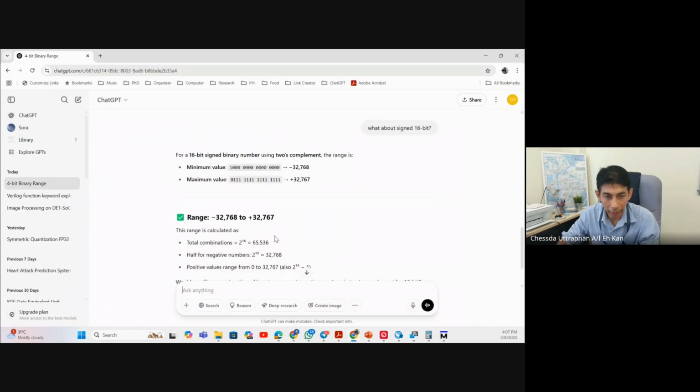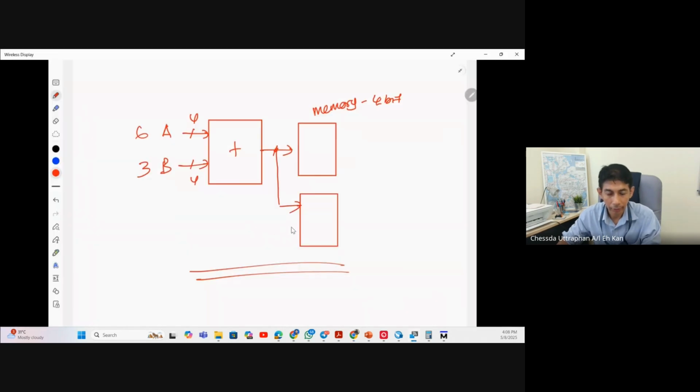Although our system is big, like 16 bit, the answer of the arithmetic operation might be more than this, all the time. So how do we deal with that? The answer is by using overflow to indicate that the result does not fit into, for example, 16 bit. So you need more space to store the result. That is why this is important.